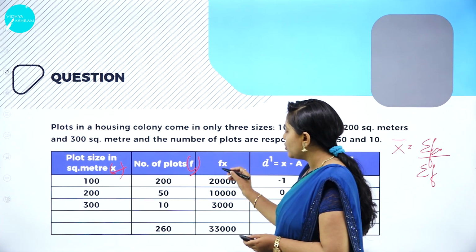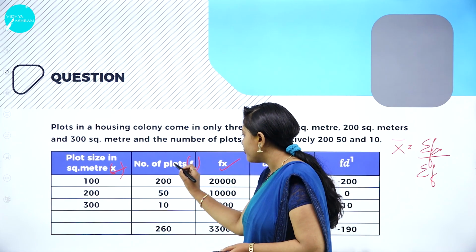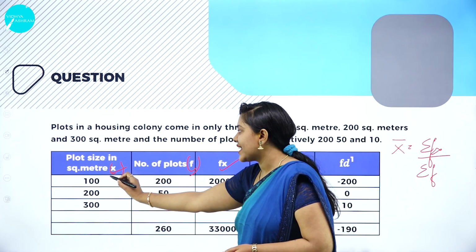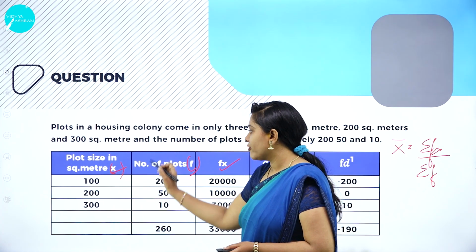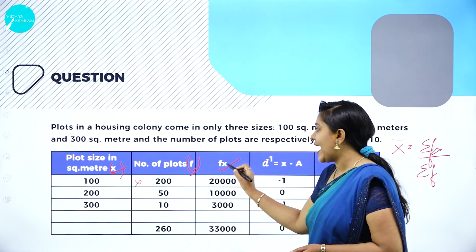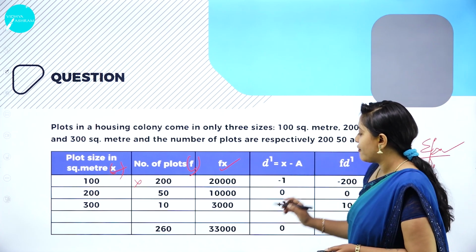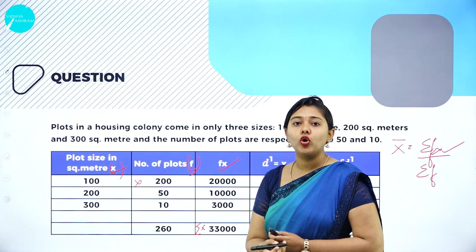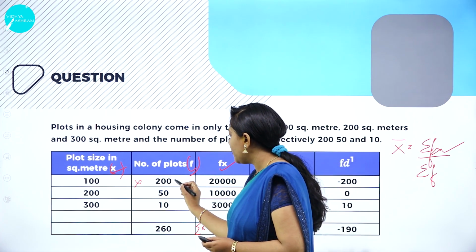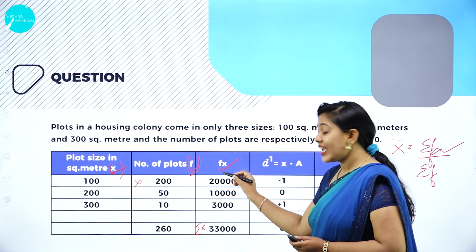So let us see what fx is all about. F is the number of plots. X is the plot size in square meter. If you multiply, you will get fx. What we want in the formula is sigma fx, the total of fx. So how do we find the total of fx? When you multiply 200 with 100, you get your fx.